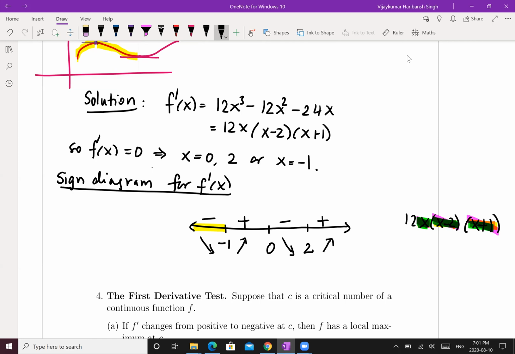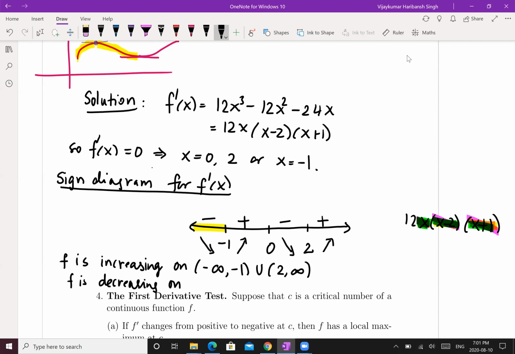So let me write that in words. f is increasing on minus 1 to 0 union 2 to infinity. Sorry, my bad.